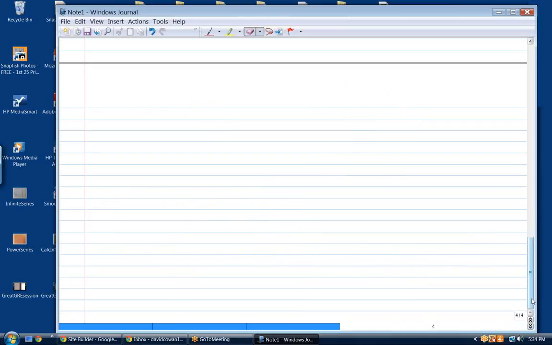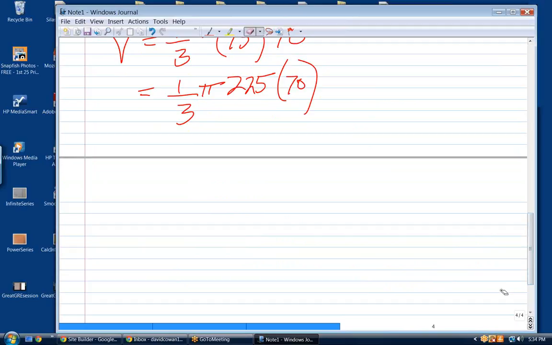Now, this can be simplified a little bit. You know how to tell if a number is divisible by 3? If its digits add to a number that is divisible by 3. In other words, 225 is divisible by 3 because these add up to 9, and 9 is divisible by 3.